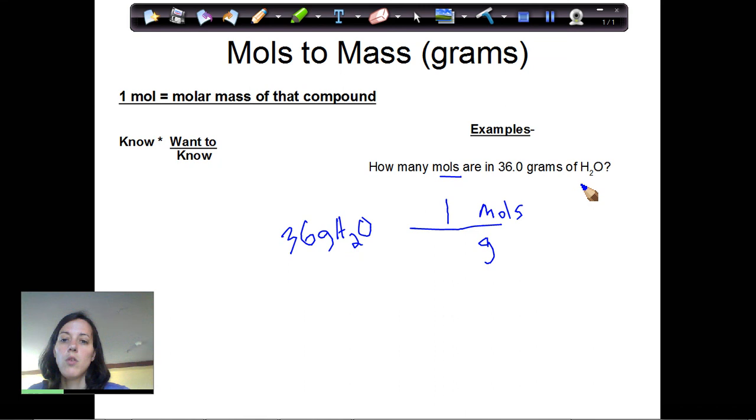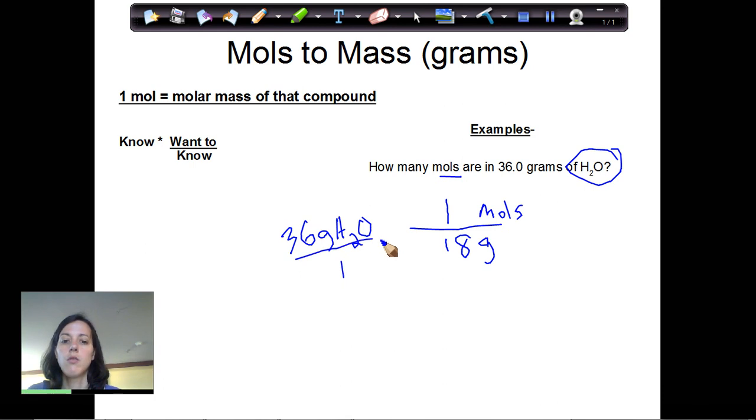So we have 1 mole, and we need to know how much a mole of water weighs. Well, on the previous slide, we figured out the molar mass of water was already 18. We figured that out by using the periodic table, and the mass is on the periodic table. So we have 18 grams, and that's how much 1 mole of water weighs.